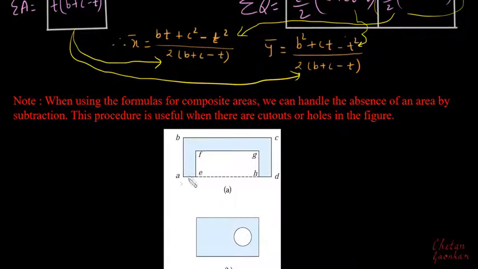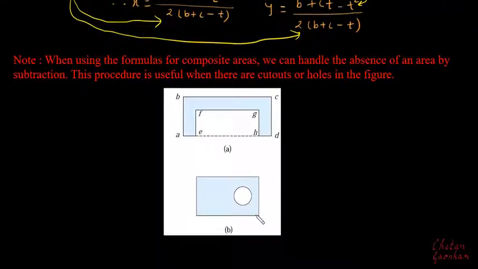Then this can be analyzed either as a composite area, or I can directly consider it as this area minus this area.